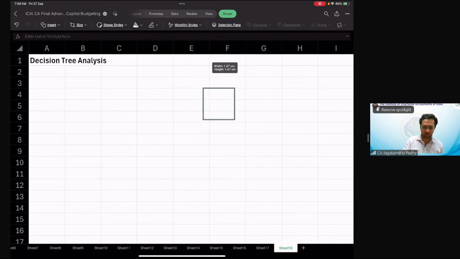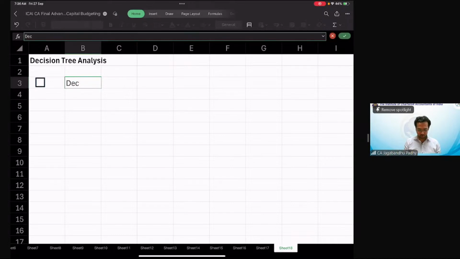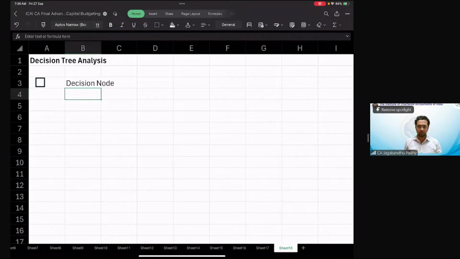Just keep a note that whenever it's a decision tree, we'll use a box to denote a node where we have to take a decision. So this is going to be our decision node representation.